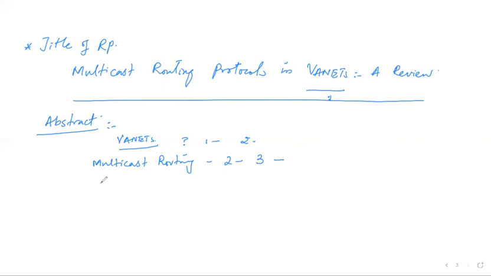Then you can discuss the applications or importance of multicast routing in vehicular ad hoc networks, VANETs. What is actually the importance or application? You can write it in 2 to 3 lines.